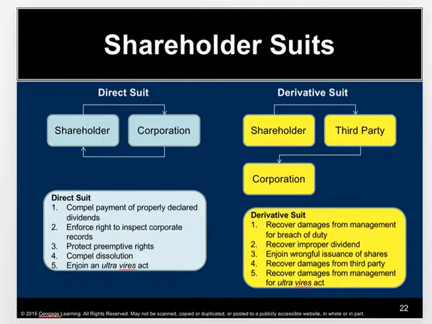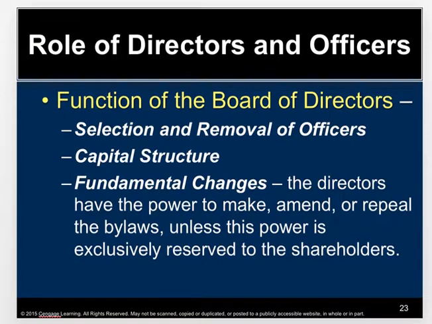A lot of times these derivative suits are actually against the officers or the board of directors for breaching some type of duty. Obviously, the officers are not going to sue themselves. So that's why we have these derivative lawsuits. And here are examples of both direct and derivative suits, the types of claims or actions that would be brought either directly or derivatively.